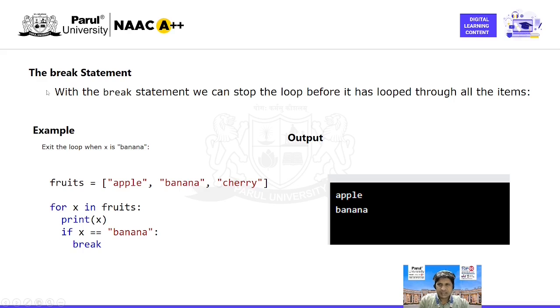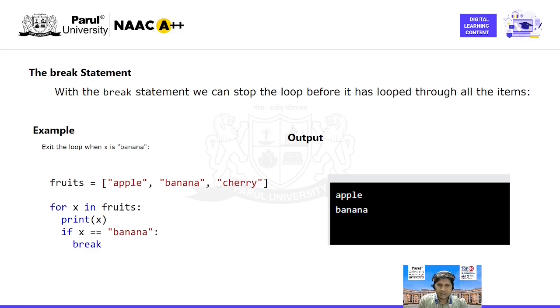Now the break statement. As you know very well, the break statement is used to stop or terminate the loop even if the given condition is true. Suppose, for example, you want to stop the for loop when banana is found in a list.